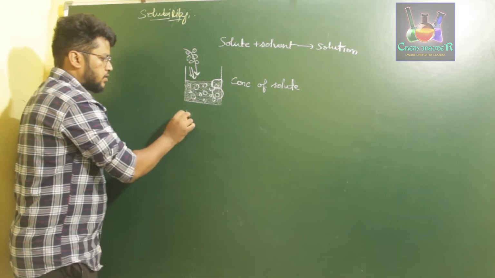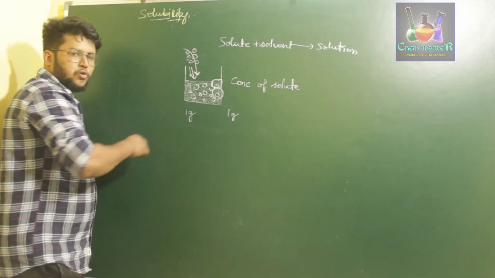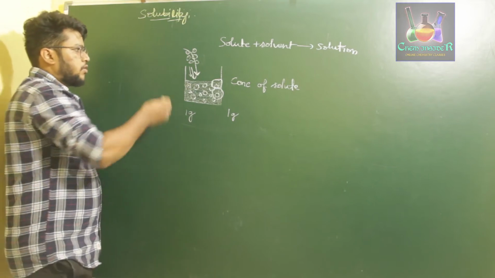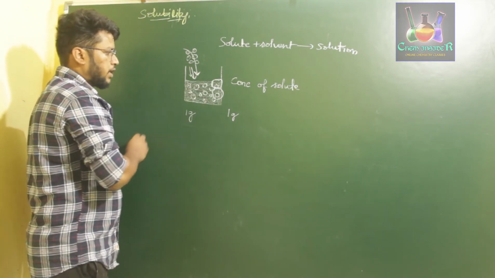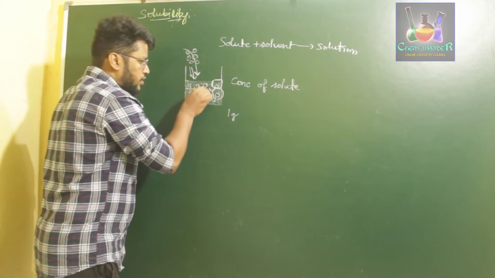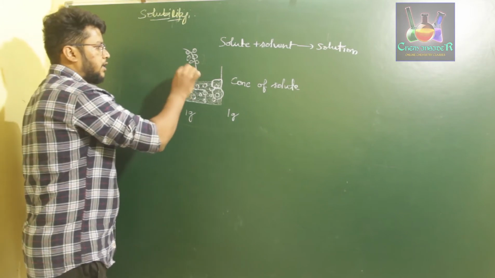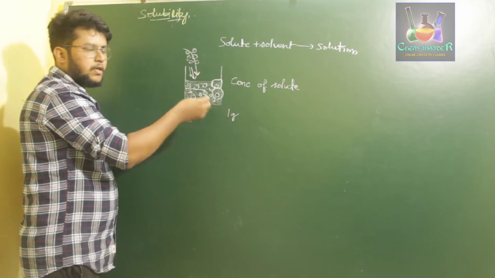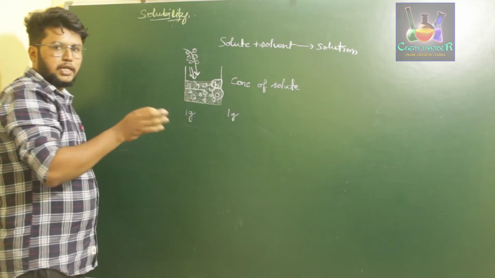Let us say first you add 1 gram of solute, and you get 1 gram of crystalline salt. So you go on increasing. If you start increasing the amount of solute, at a particular point the solute which you added stays inside the solvent, and the next solutes which you add will be directly converted to solid. Let us consider it like that.